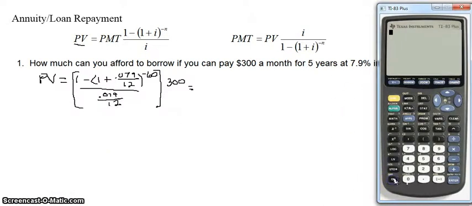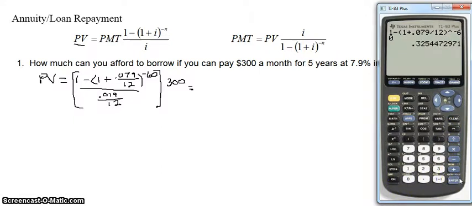Now, to see how we type this into the calculator, here's what I would do. I would do the top part first: 1 minus 1 plus 0.079 over 12, raised to the negative 60th.